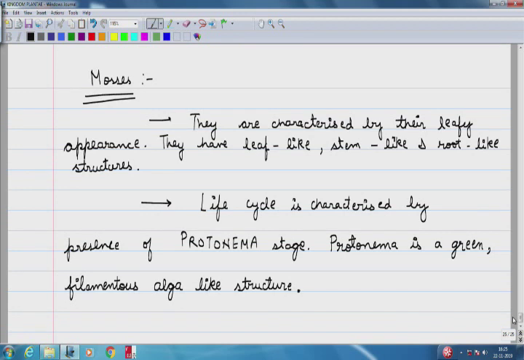Protonema is this green filamentous alga-like structure.